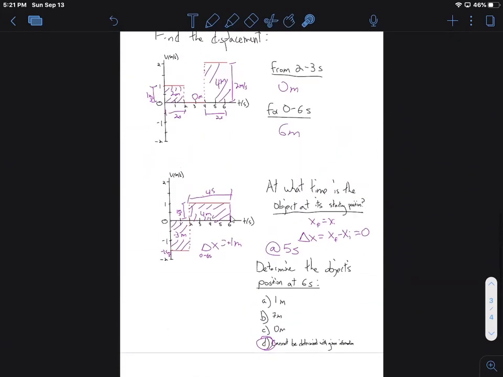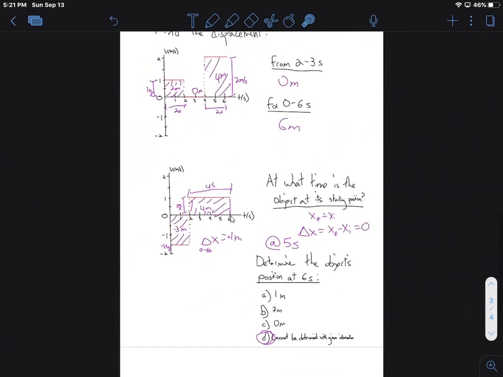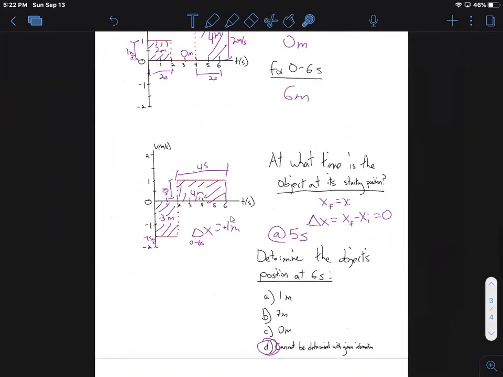So that's why we like to talk in terms of displacement. So that's displacement, and that's how to find it using the area under the curve of the velocity graph. Again, when I say under, if it's negative, you're actually going up, but that's just how we say it. All right.